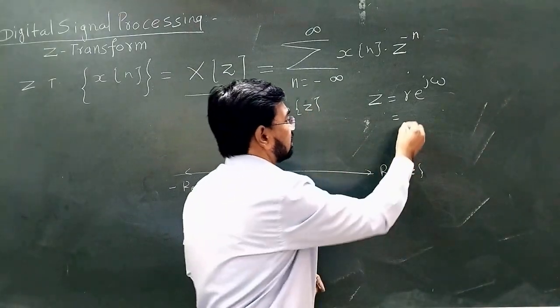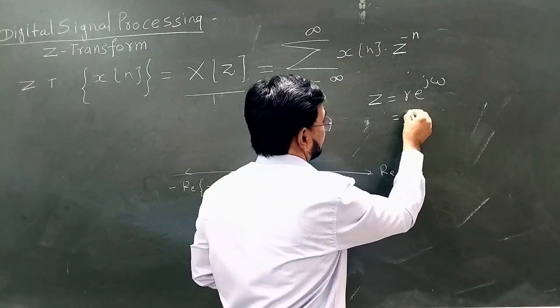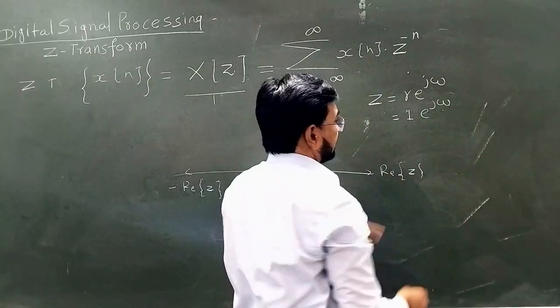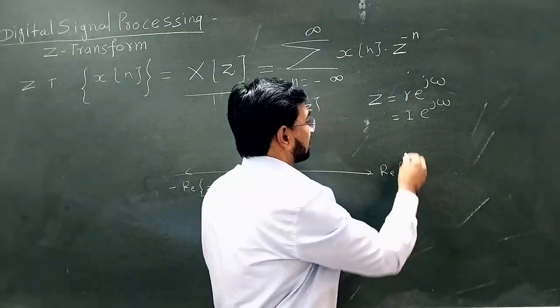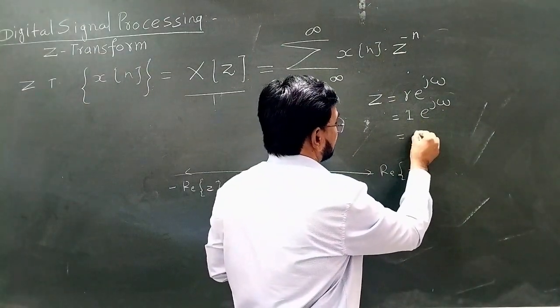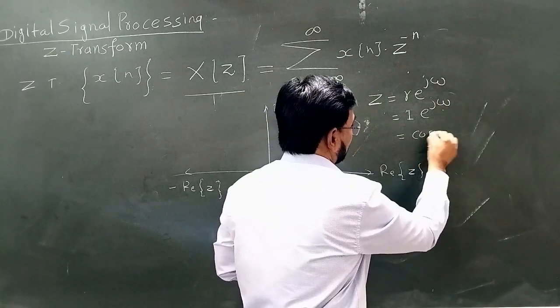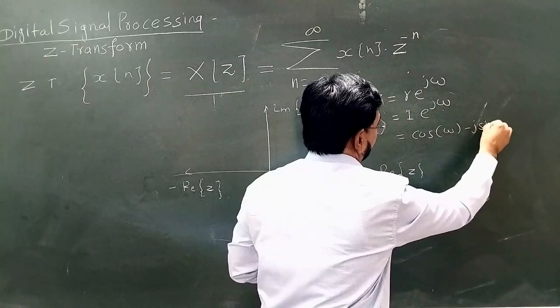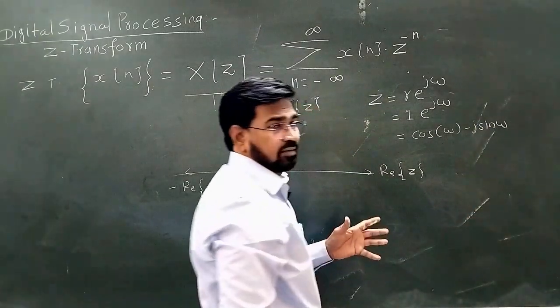So, it is 1 e raised to j omega. E raised to j omega can be written by using Euler's equation as cos of omega minus j sin of omega.